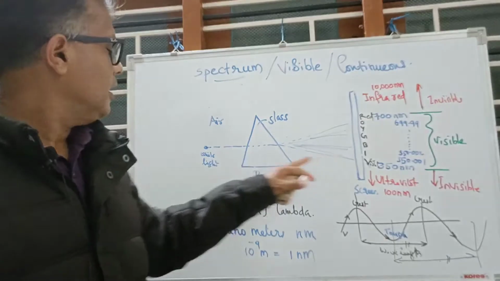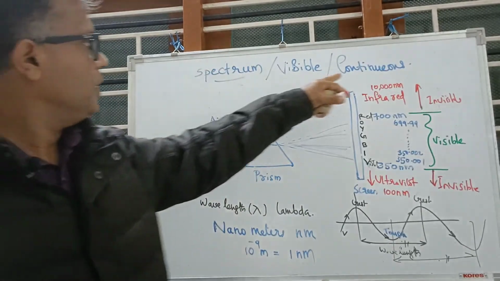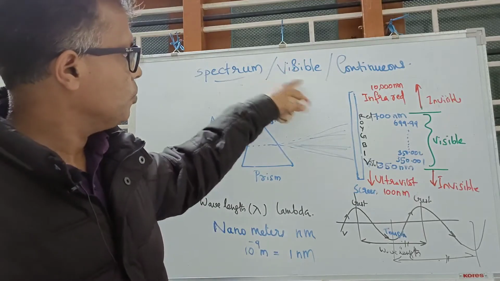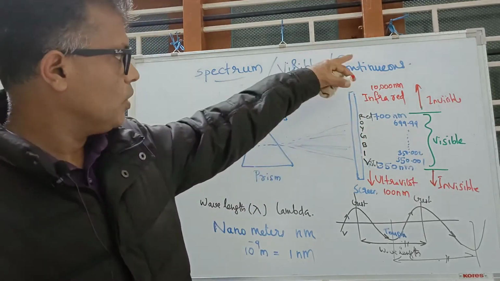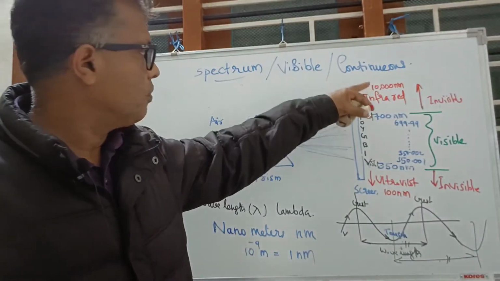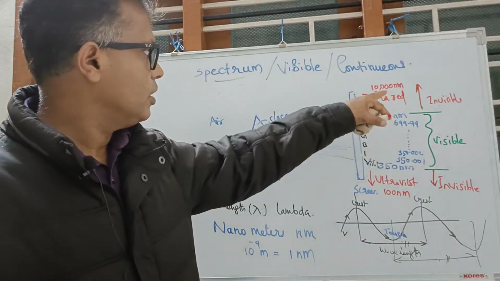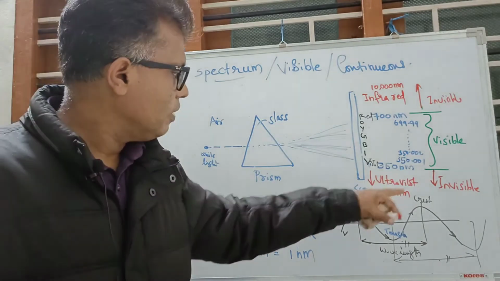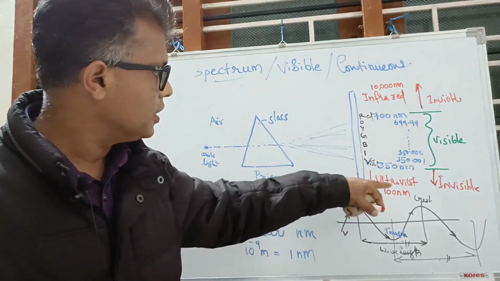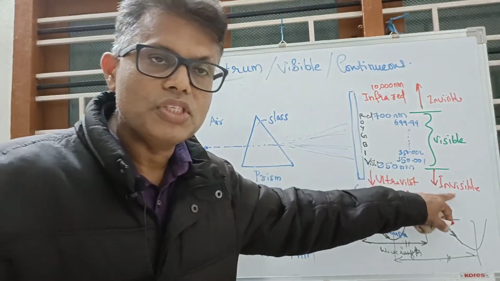Now everybody is clear about what a continuous spectrum is. The visible range is there, the invisible range is also there. Above the red is called infrared, up to 10,000 nanometers. Ultraviolet is below 350, down to 100. It is invisible.